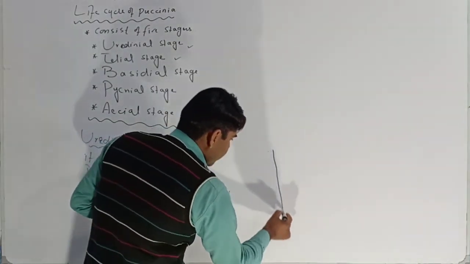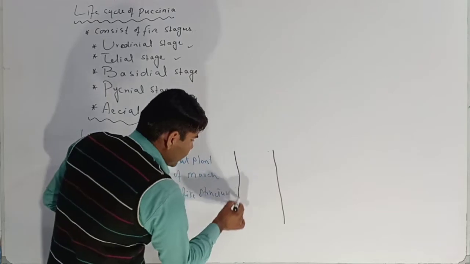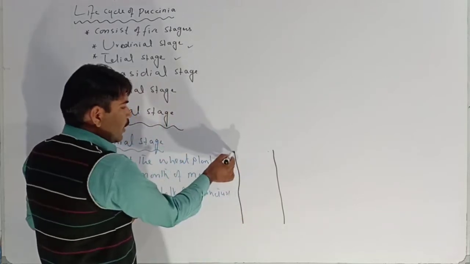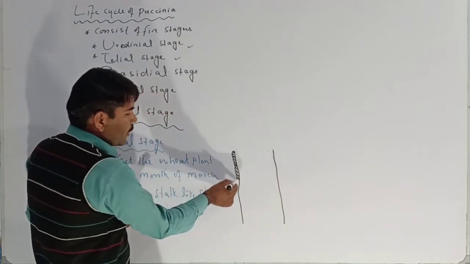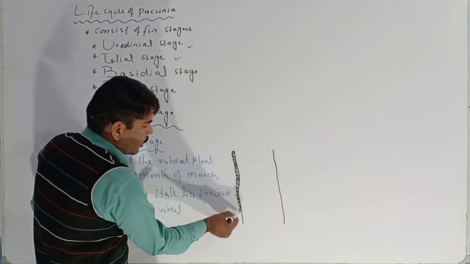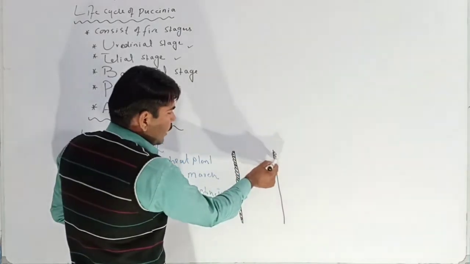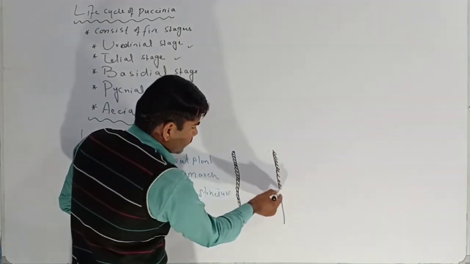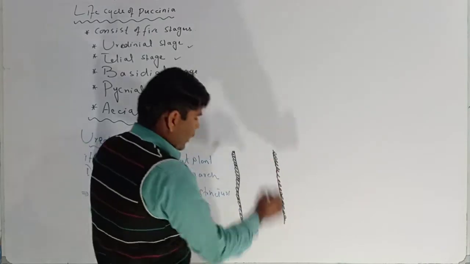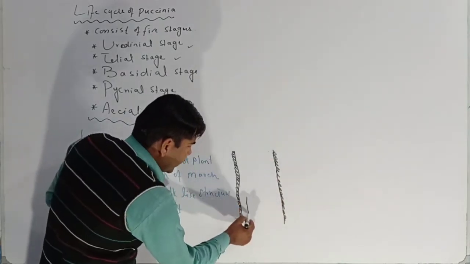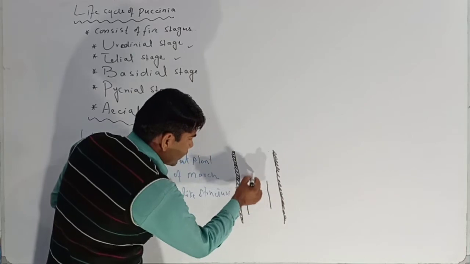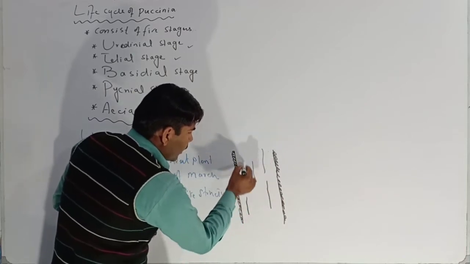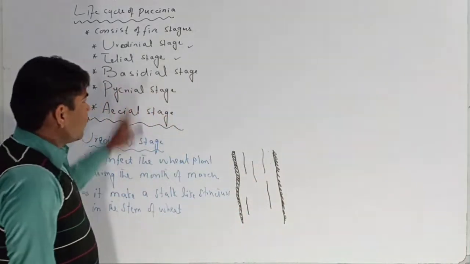For example, this one is the stem of the wheat plant and this is the epidermis, or outermost covering of the stem, and these are the stalk-like structures which are developed by this fungus.